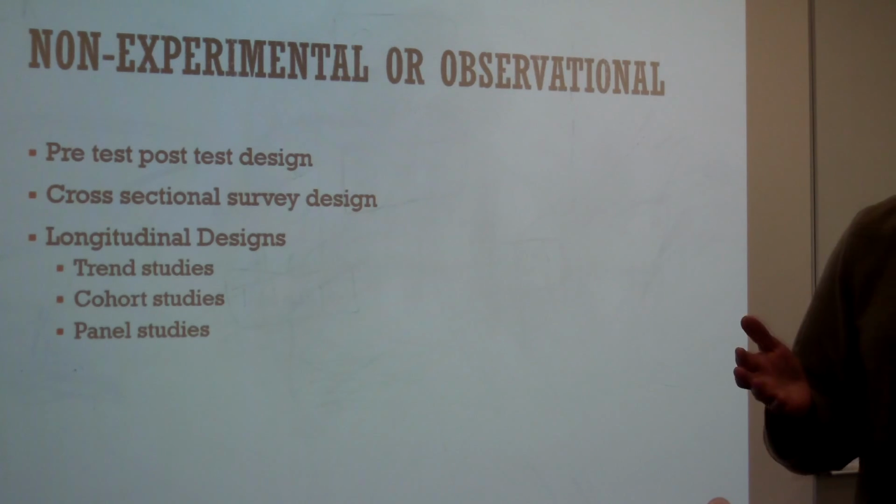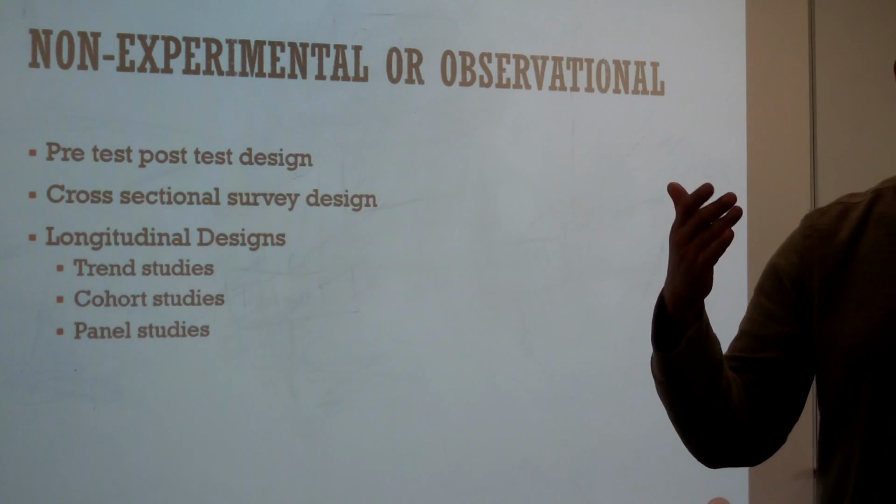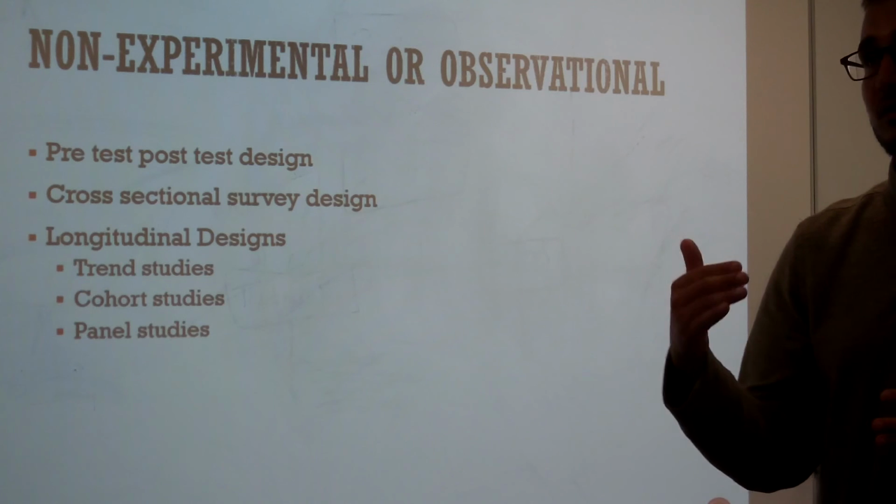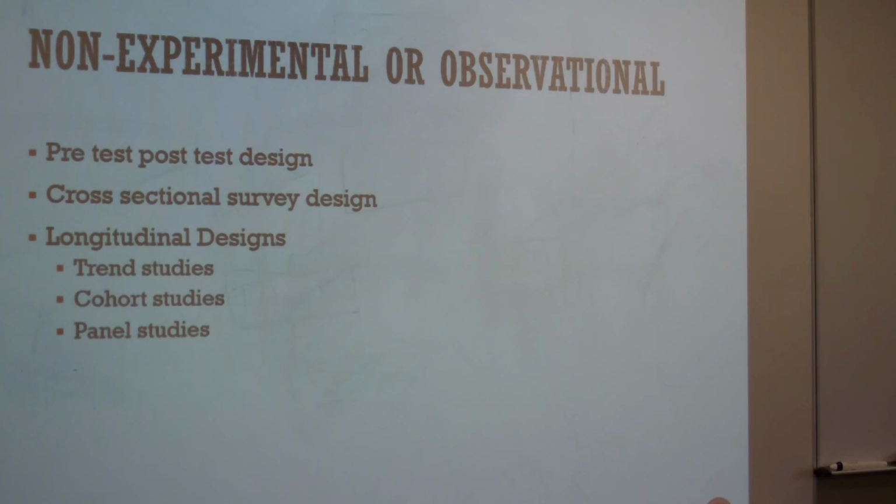And then there are longitudinal studies. Longitudinal studies means you are following a person or group of people over time. There are different ones. There are trend studies, cohort studies, and panel studies.